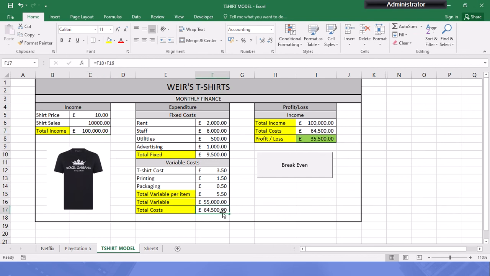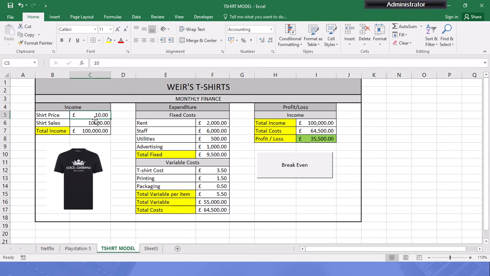So our total costs is our variable plus our fixed, add them together. And then over here, this is where we do our big calculation. So we've got £100,000 coming in, 64,500 going out, which means we're making a profit of 35,500.